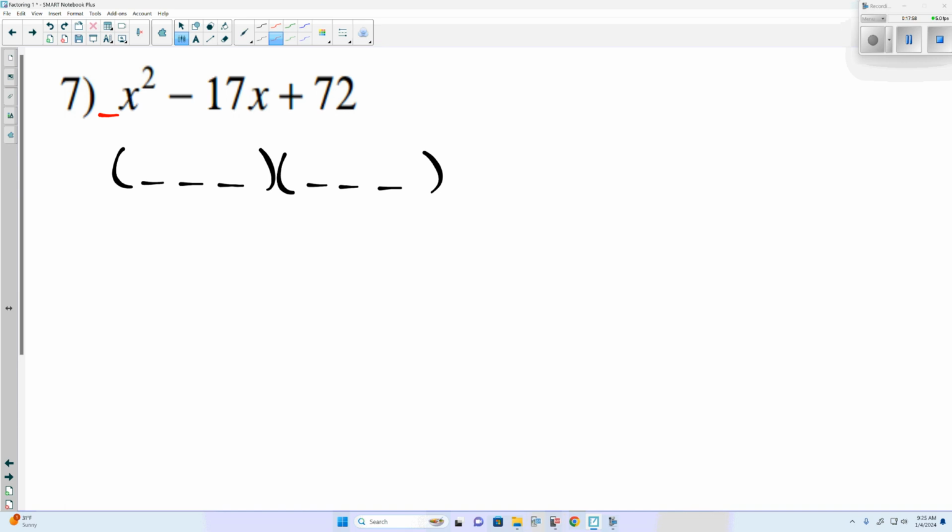One of the giveaways is the fact that there's not a number in front of x squared. Because if there is, there's a chance there is a greatest common factor. If the only number there is 1, there's a good chance there's not. Because if there's not a number there, we're looking for a variable greatest common factor. 72 does not have a variable, so there is none.